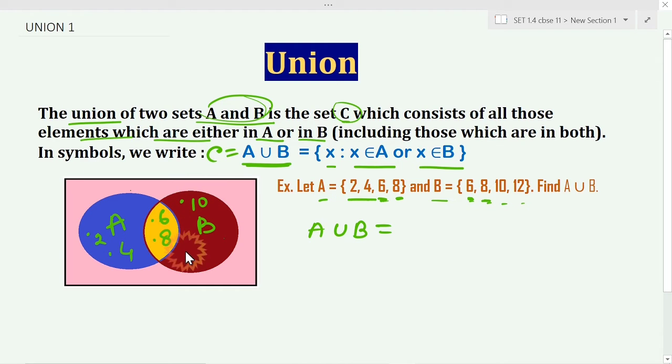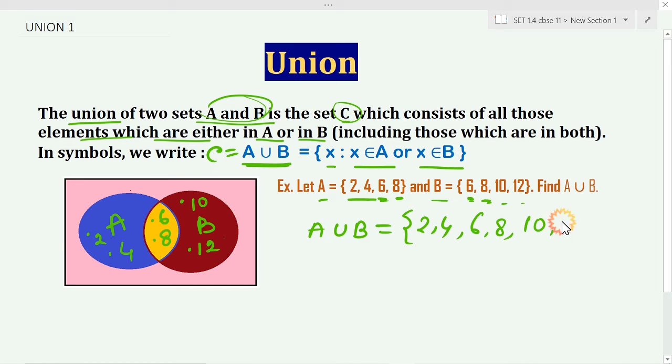So here is 10 and here is 12. So A union B is the set of elements such that X belongs to A or X belongs to B. So A union B equals all the elements of A and B. The elements are 2, 4 in the blue region, the common elements 6 and 8 in the yellow region, and 10 and 12 in the brown region.